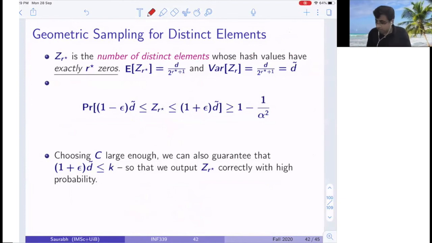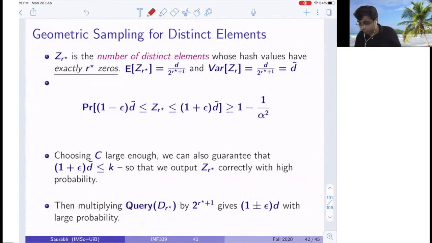So I can choose C large enough that at the top level, whatever is the expected value, 1 plus epsilon D hat, is less than or equal to k, and so Z star with very high probability will contain all the distinct elements with R star number of zeros. And that is exactly what is happening.